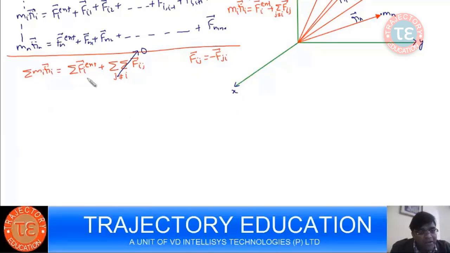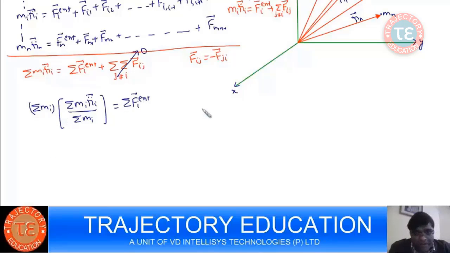sigma mi ri double dot equal to sigma Fi ext, or this can be written as sigma mi ri double dot upon sigma mi equals to sigma Fi ext upon sigma mi. Sigma mi is total mass of the system.